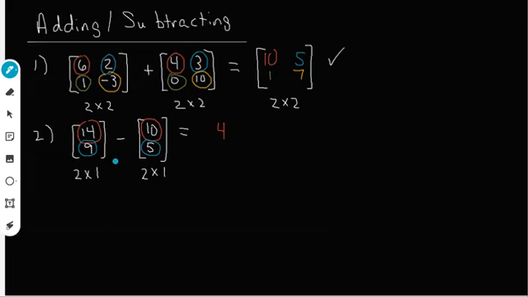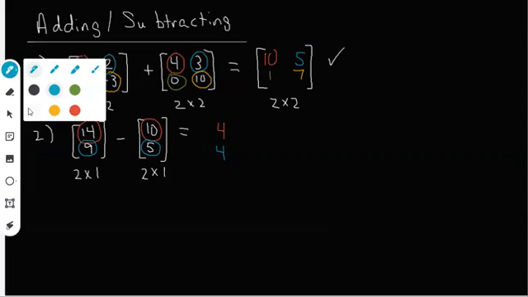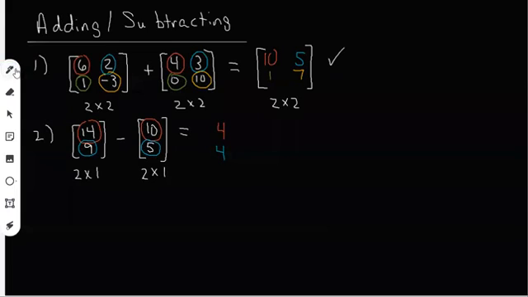What's 9 minus 5? That's also going to give me 4, right? And now, since we're done with all the numbers, we can draw the brackets to our matrix, and we can close this matrix up. And our answer is 4, 4. And keep in mind, this is also a 2 by 1, since it has 2 rows and only 1 column.